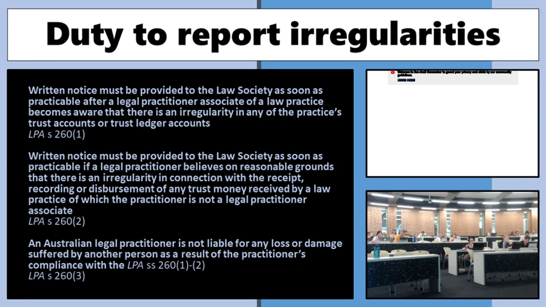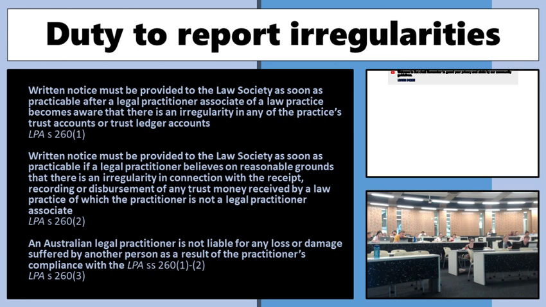Okay, and so basically, there's a whistleblowing mechanism as well. If you think there is some form of irregularity, you can contact QLS, do it in writing, and at least in regards to these two things, you won't be held responsible.